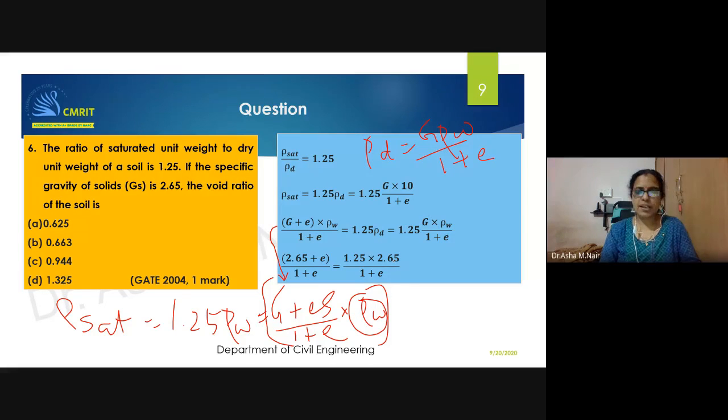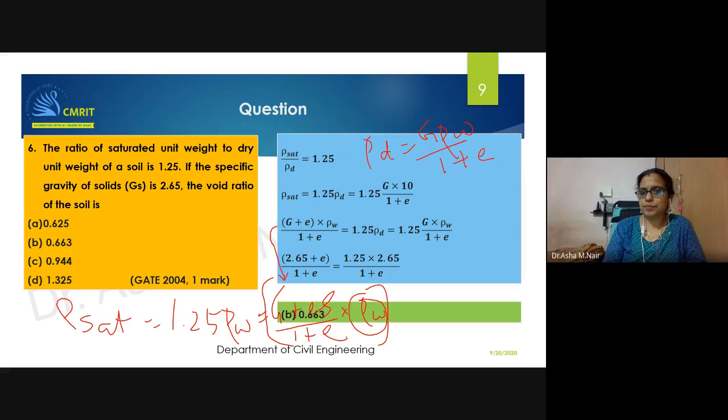You will be getting it as 0.6625, or nothing but the option B, which is 0.663. I hope you can see the answer that I have put at the bottom. So the answer is going to be B.